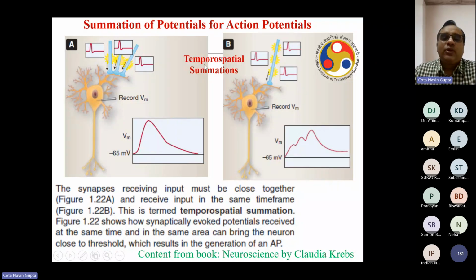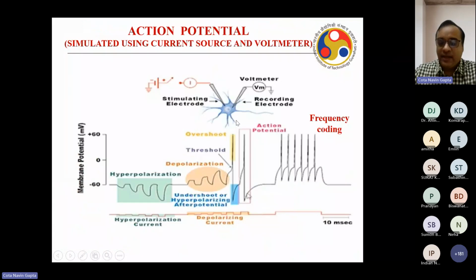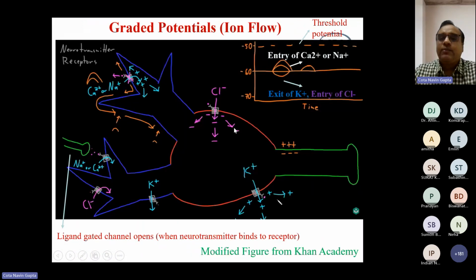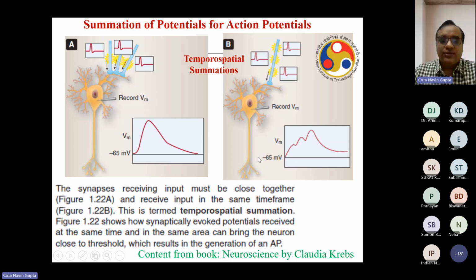Okay, so what's exactly happening is temporospatial summations are happening, and as soon as that happens, it's going to cross the threshold potential. So once this threshold potential is crossed, then there's going to be a generation of your action potential inside your axon regions. Okay. So that's what is shown over here.